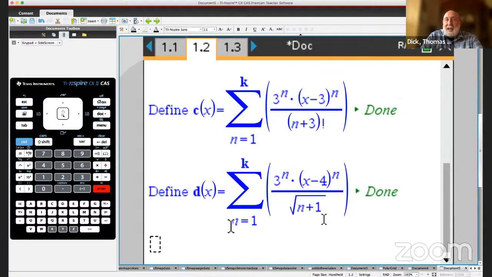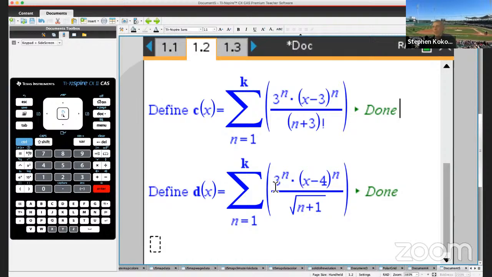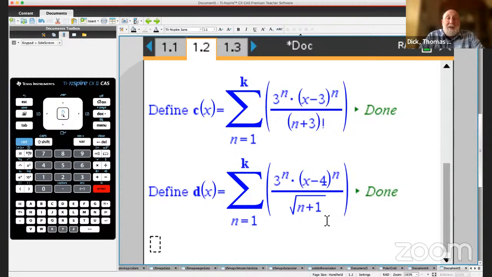Okay, it's this one here, d of x. This is one where you had the 3 to the n. This time it was x minus 4 to the n, and you had a square root of n plus 1 in the denominator. So let's take a look at that graph.